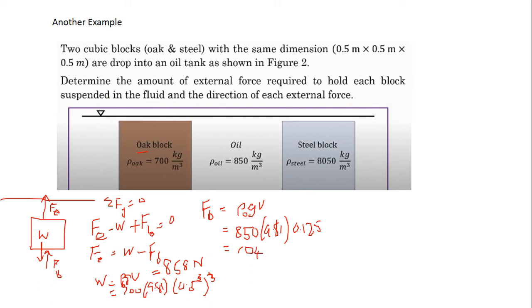Newton ke kilonewton? Newton. Okay, so now you have your FB and you have your W. So now you calculate your FE lah. So what is your value for FE?